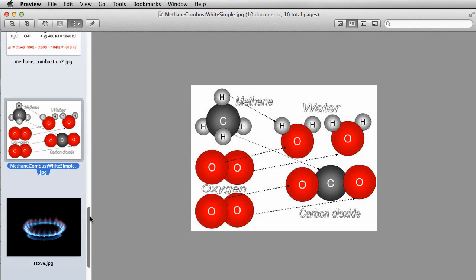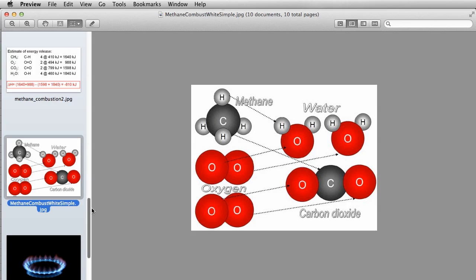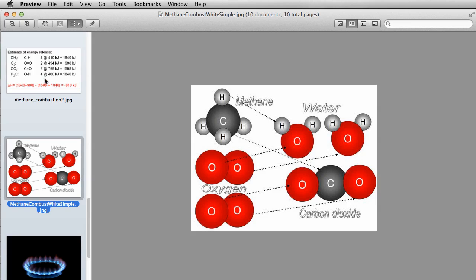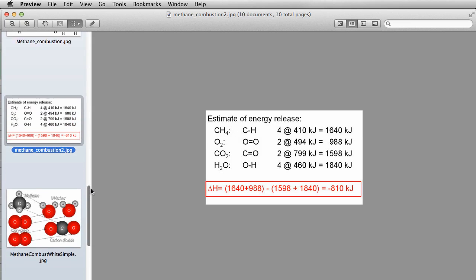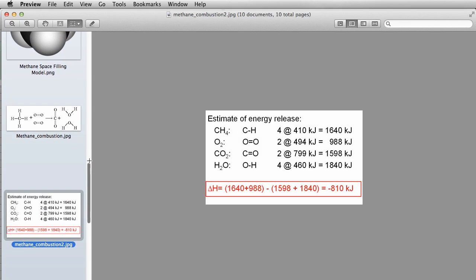So the question is, how much energy is released from that? We can see normal calculation values like this that you might see printed in textbooks, and students will look at this and their eyes will glaze over, and they won't really get an idea for where those numbers came from or what their significance is. But with the spreadsheet, we can make this a little bit more meaningful.